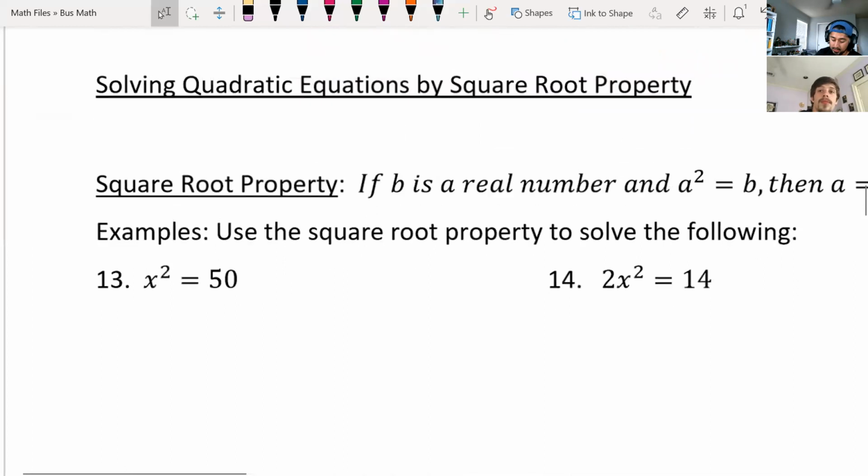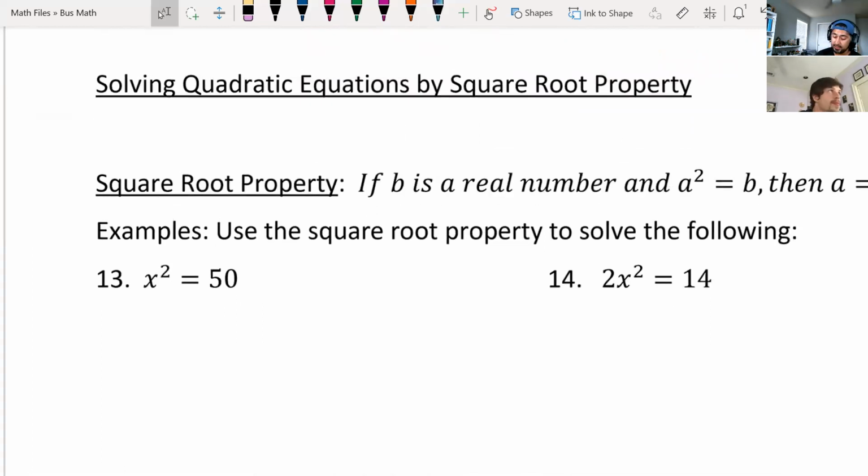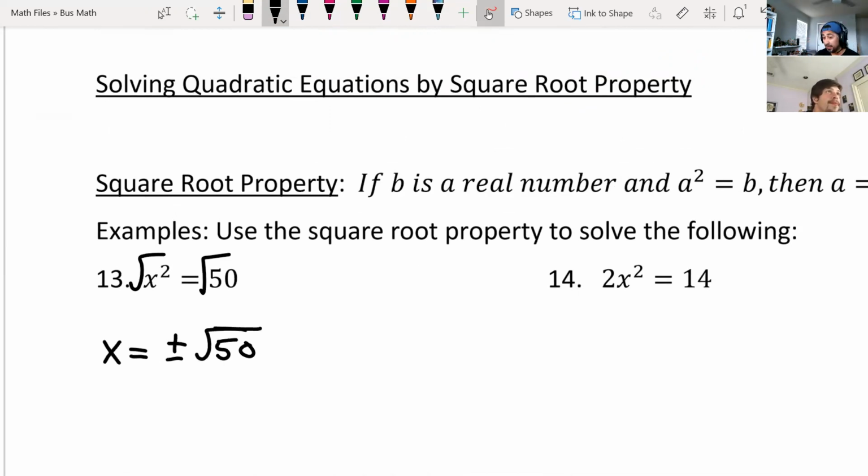So 13, you have x squared equal to 50. What we're going to do is square root both sides. And this will give me x equals plus or minus the square root of 50. But we have to see if we can break the square root of 50 down. So now we have to look at factors of 50. Whenever you're breaking a square root down, you want to think bigger factors.